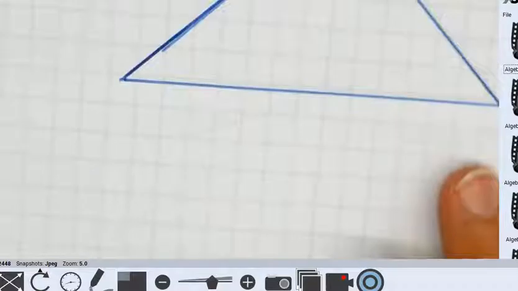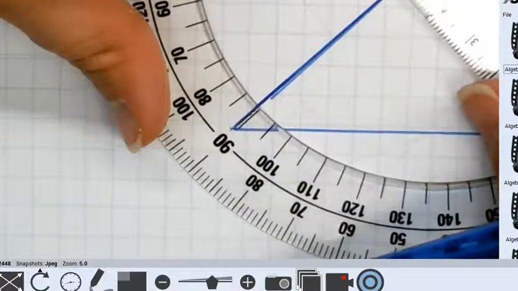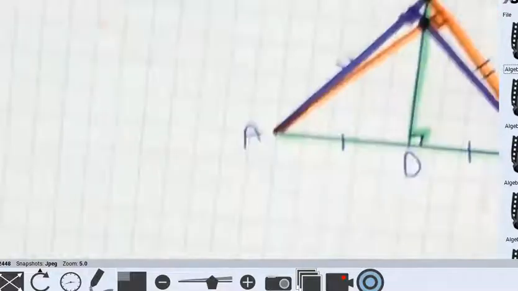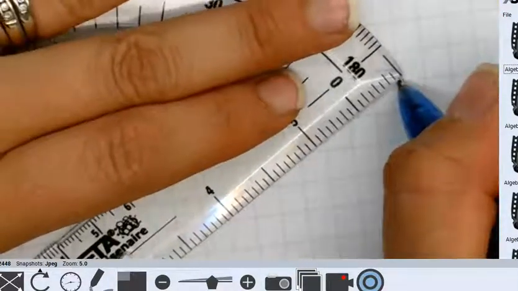Okay. So now, is this acute? Is this acute again? Am I bad at drawing, let's say? I made it 90. Let's try again. Let's draw an obtuse one. So apparently I'm not good at drawing obtuse.